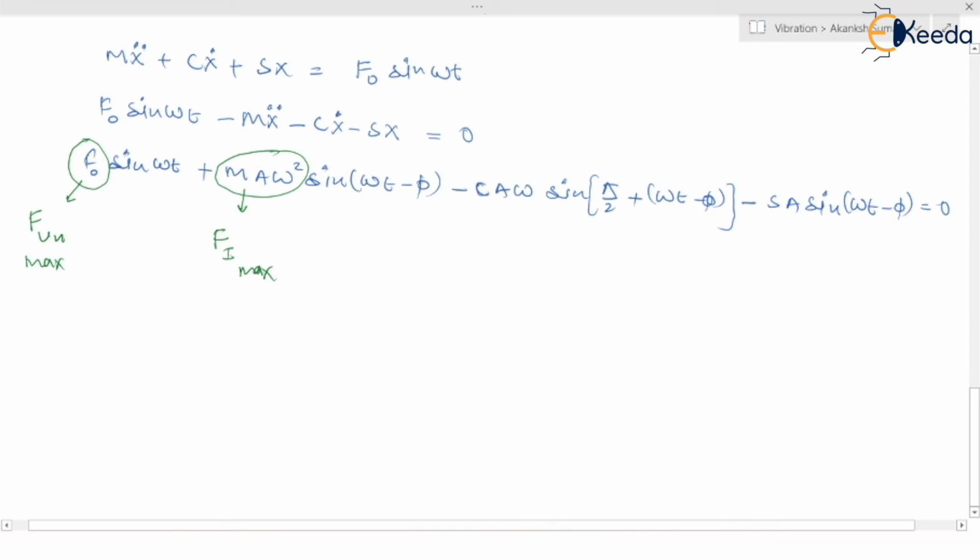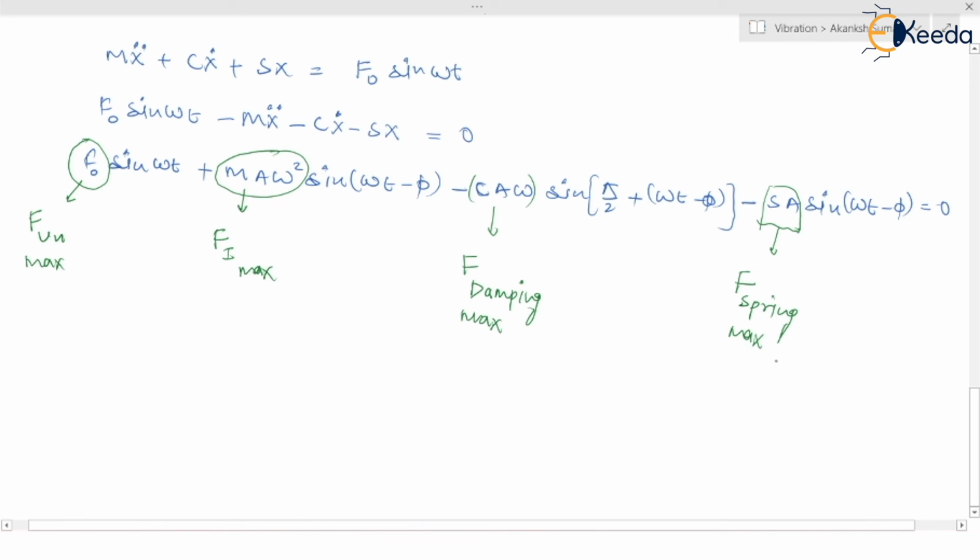Similarly, this represents the maximum damping force value, F damping maximum. And this is the maximum spring force, F spring maximum value.